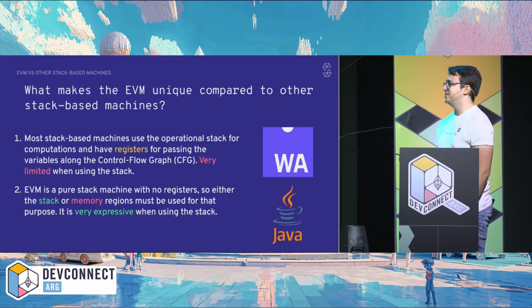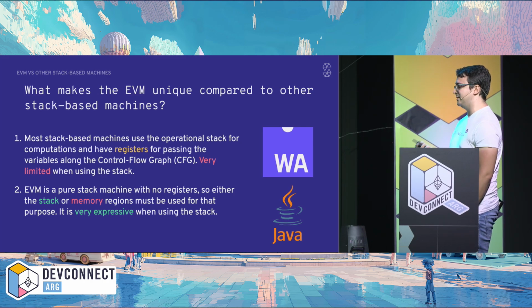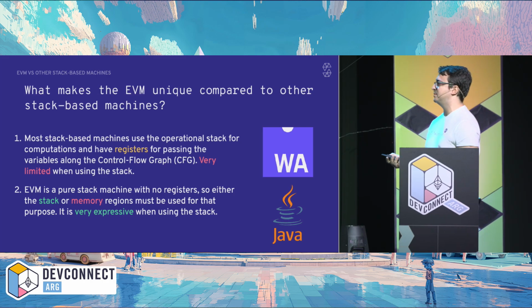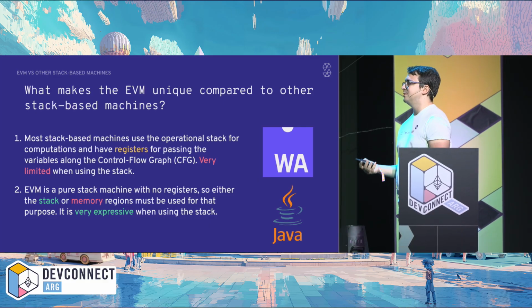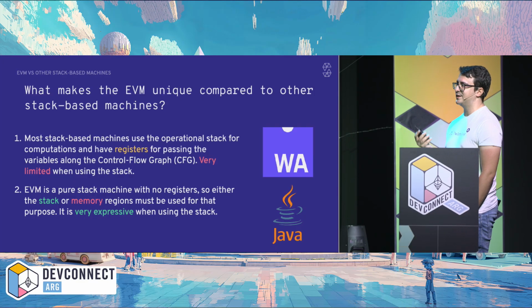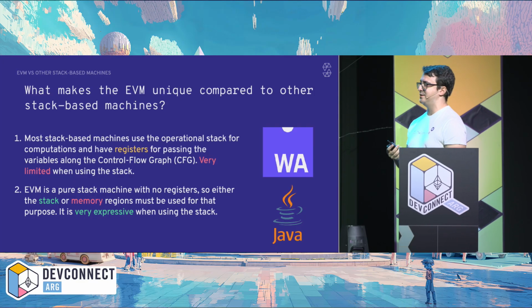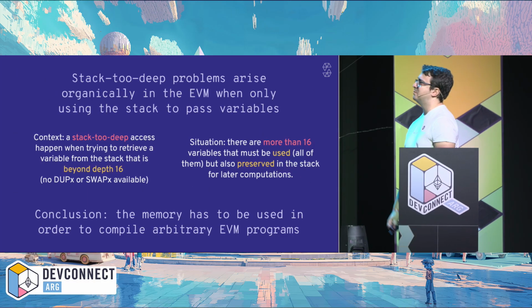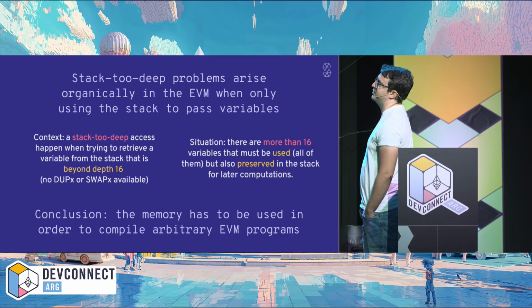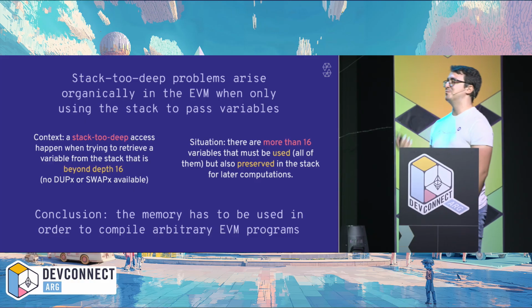This also leads to very different designs in their opcodes, because in the case of WebAssembly and the Java Virtual Machine, they are very limited in the way they use the stack. But in the case of the EVM, well, we can basically manage the first 16 elements, which gives a lot of freedom. But also, passing variables through the stack has its own problems.